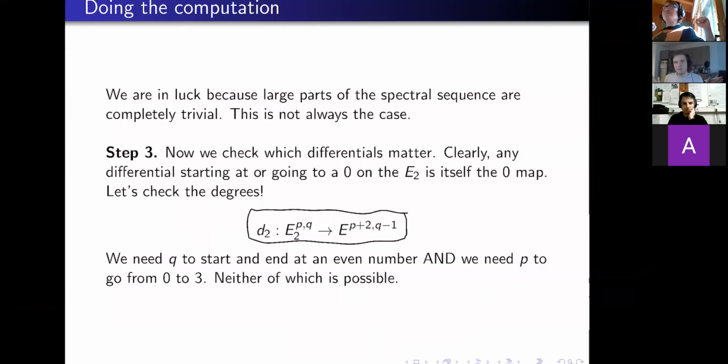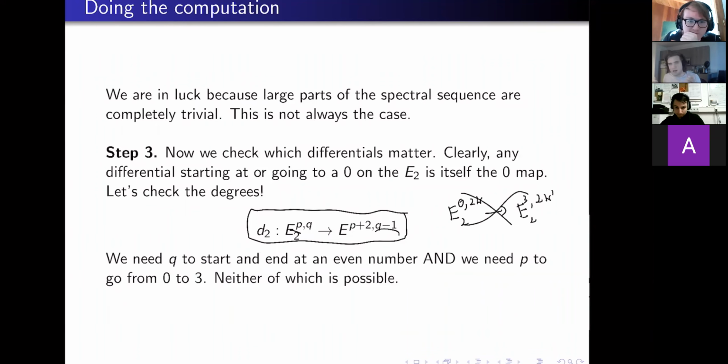So the only way for the differentials to be non-zero is if we get something of the form like E to 0 some even number into E to 3 some different even number. But the issue is that Q is losing 1, so that's never going to happen. And P is only gaining 2, which means this can never happen.